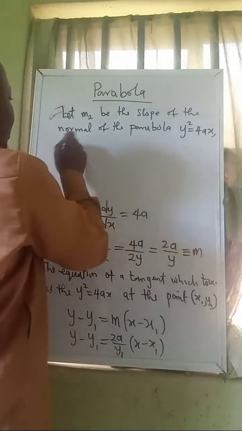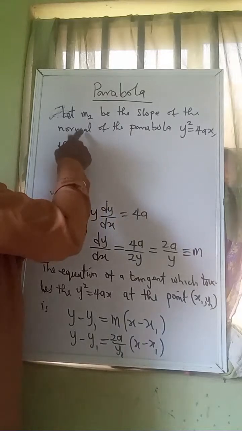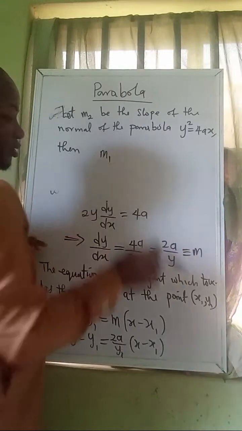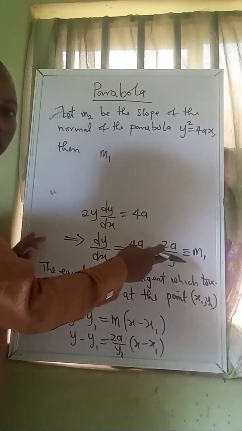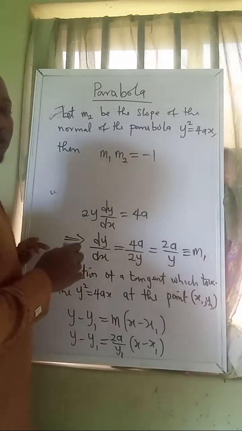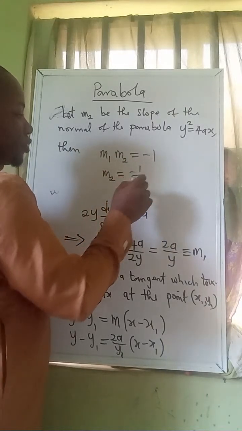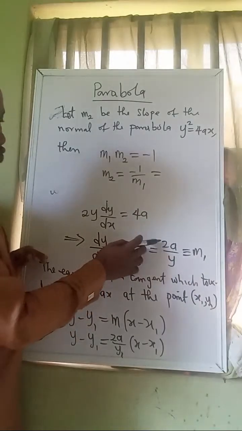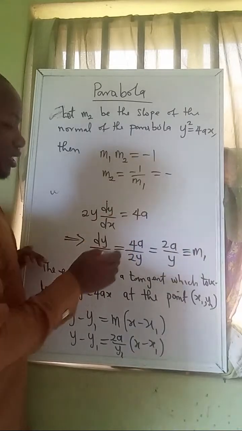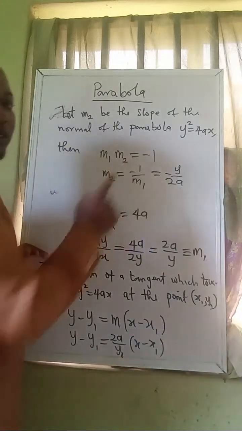If m2 is the slope of the normal to the parabola, then we call this m1, that is the slope of the tangent. So m1 times m2 will be negative 1, and in this case, we can get m2 to be negative 1 over m1. Since m1 is given by 2a over y, accordingly the slope here will be negative y over 2a. So m2 in this case will be this.